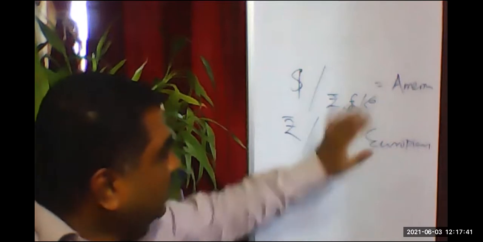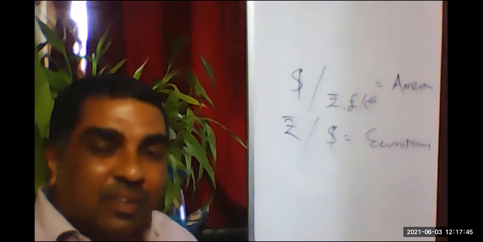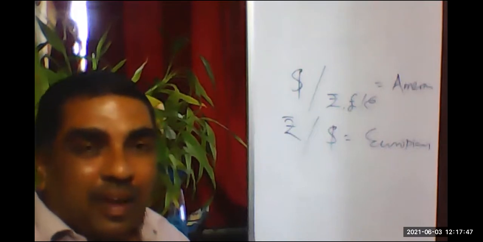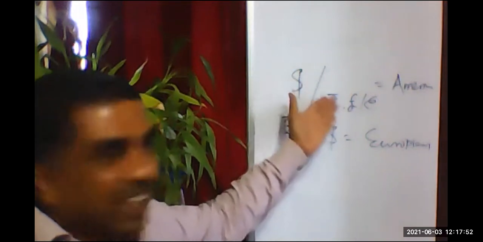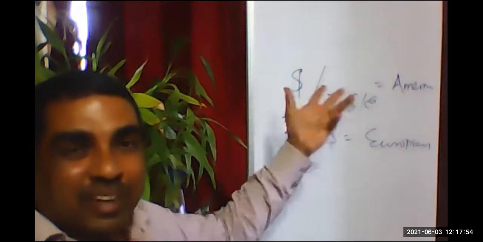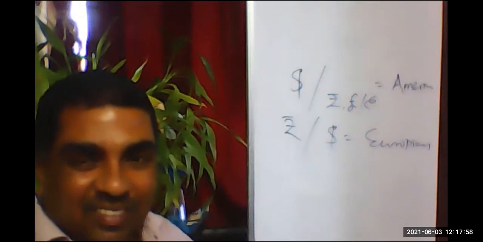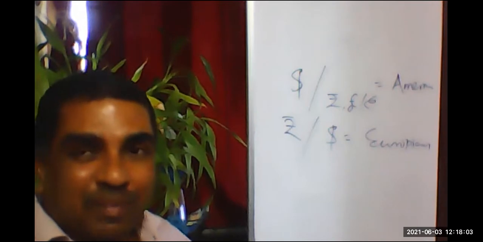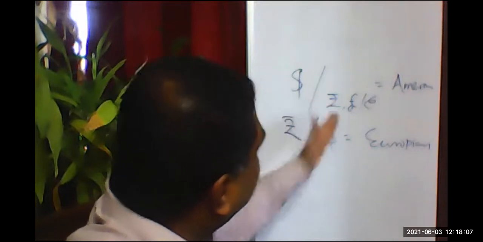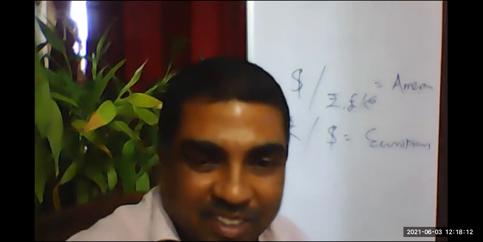If I want to know the price of, let us say, Japanese yen in Indian rupees, I know dollar by rupee and I know dollar by yen, so I can convert it. Every currency is converted in terms of dollar. Is it easier or not? Yes, sir.